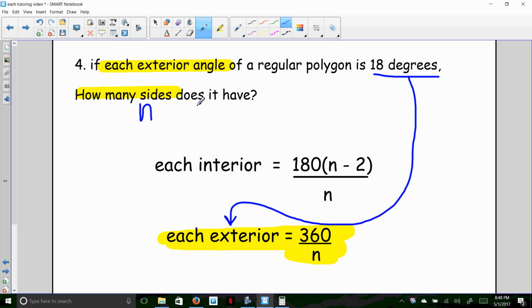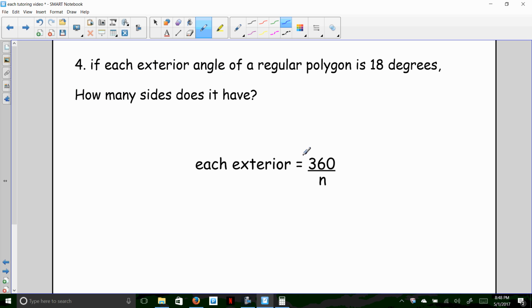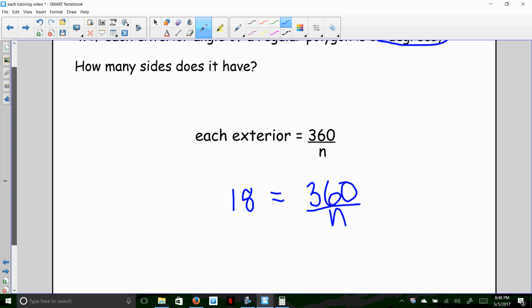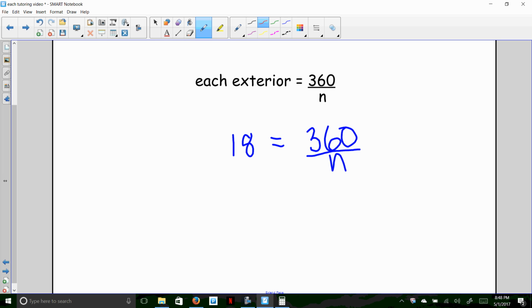How many sides does it have? We're looking for n, so let's use this equation. Each exterior angle equals 360 over n. What happens when we put 18 degrees in? I'm going to put 18 for my angle and leave n in the equation because that's what we're finding. Hopefully this isn't too bad.